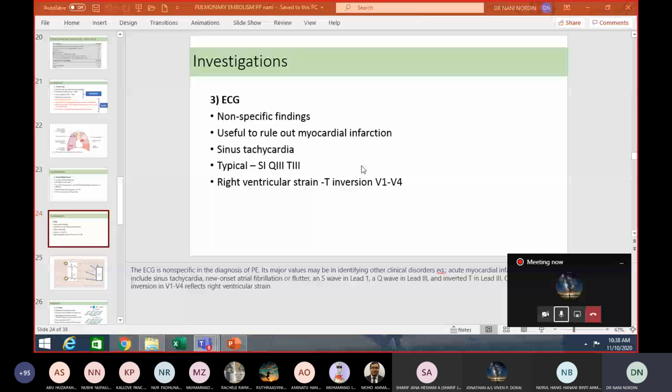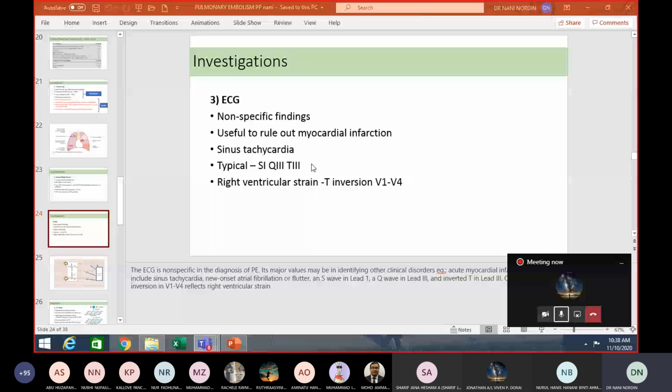Okay, but what is a typical finding in pulmonary embolism, which you might find, but you don't always find? If you have this, it supports your diagnosis of pulmonary embolism. It is what we call S1Q3T3.